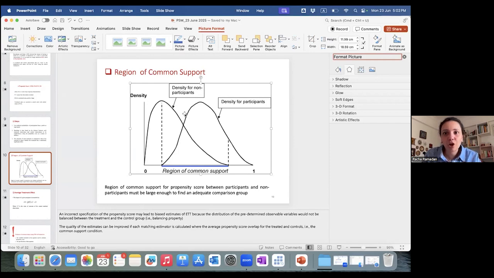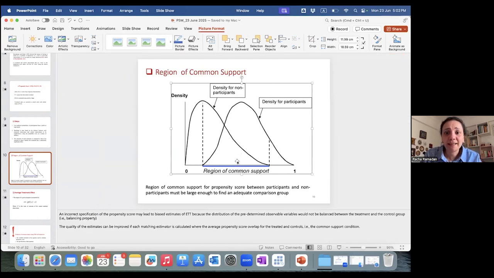So it will be difficult for us to match between both. And if we include fewer variables, this region of common support will be even larger, because here we can match any two persons. So the region of common support depends on the selection of the variables.